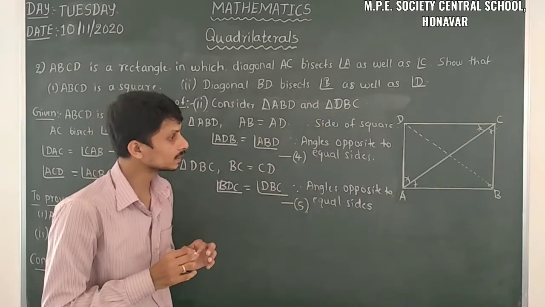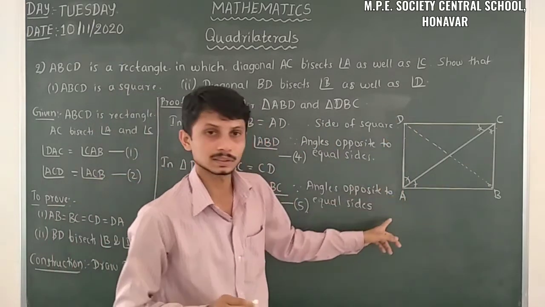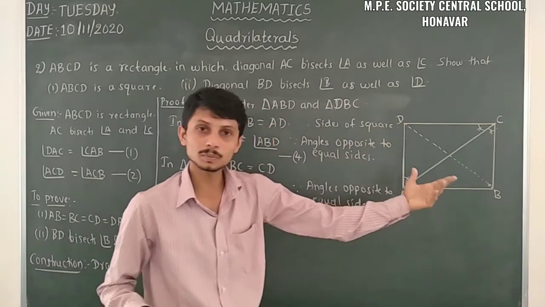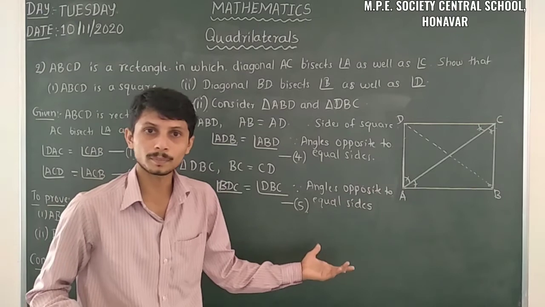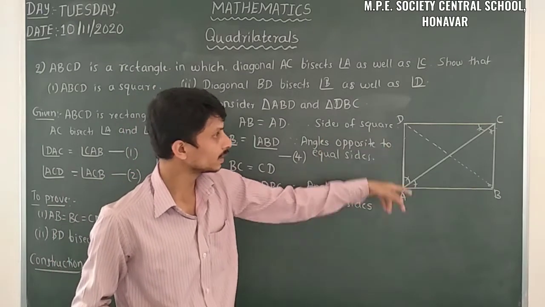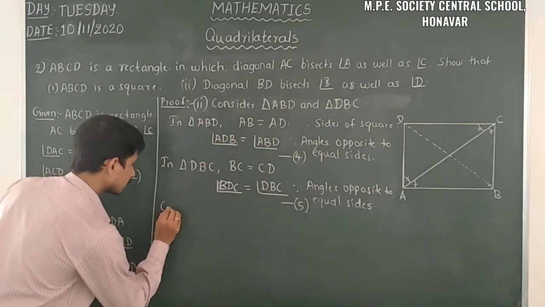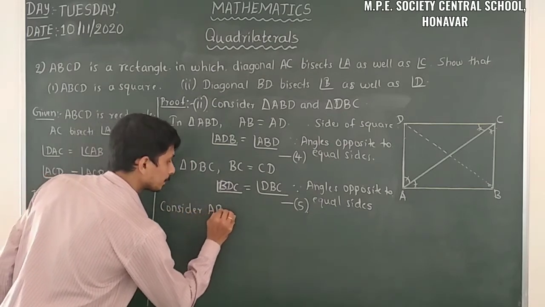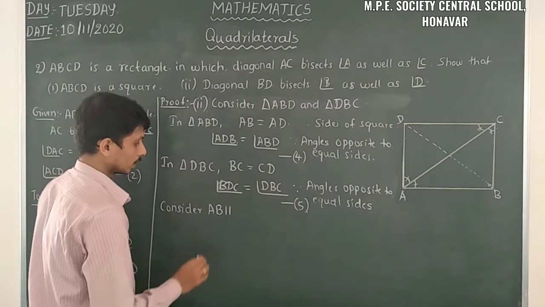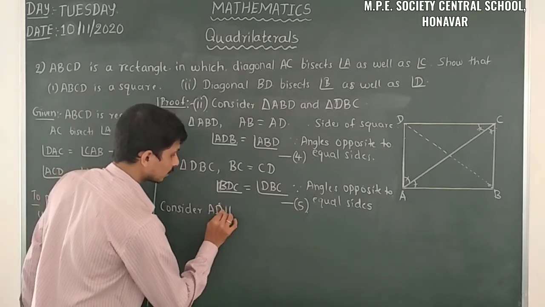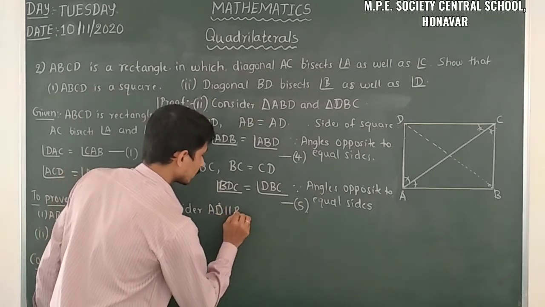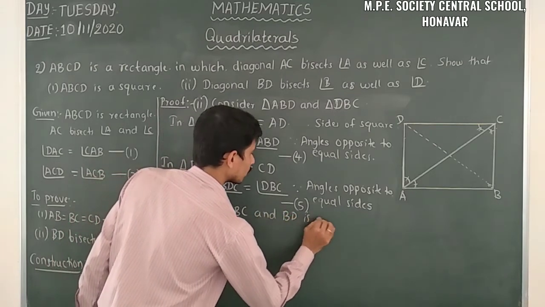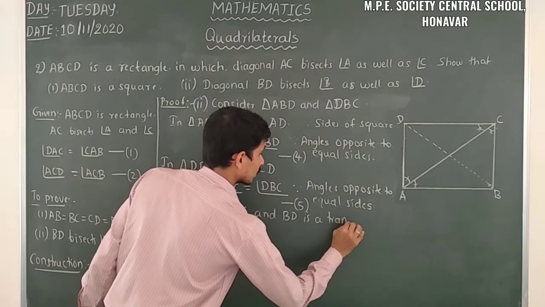Here I will consider AD parallel to BC. You can take CD parallel to AB also, no problem. Here I will take AD parallel to BC, and BD is a transversal.